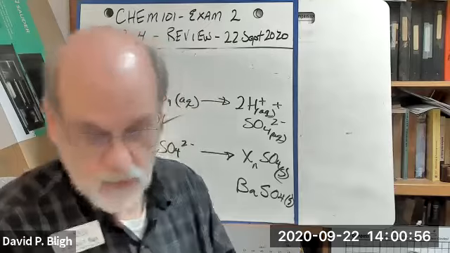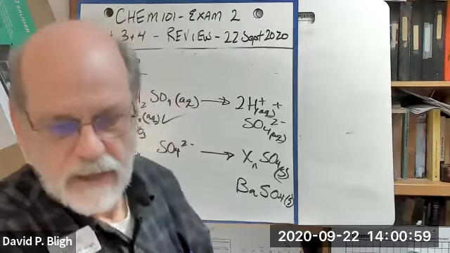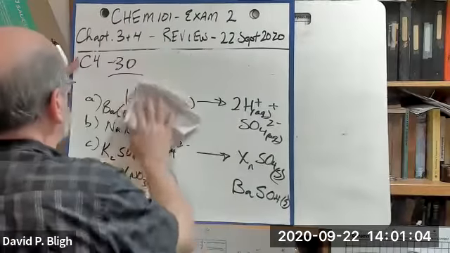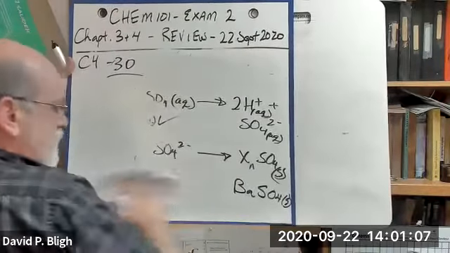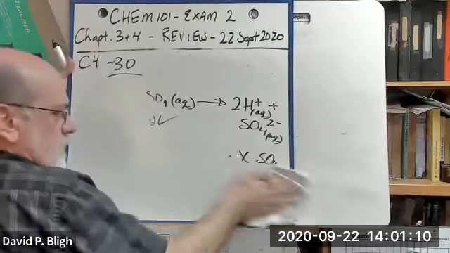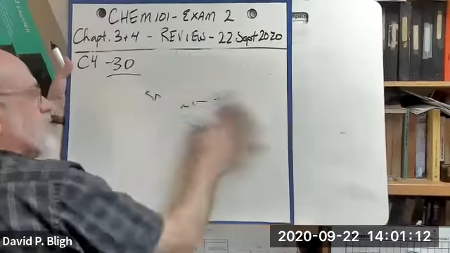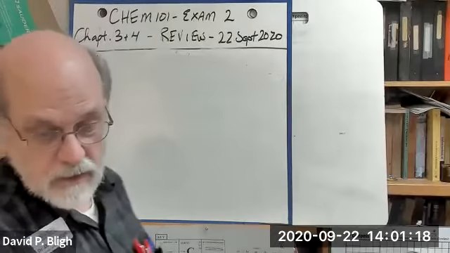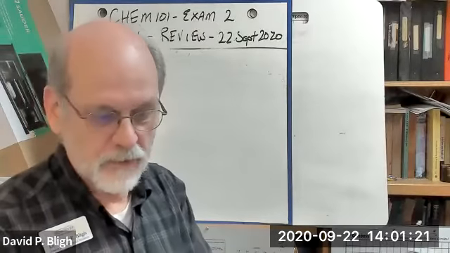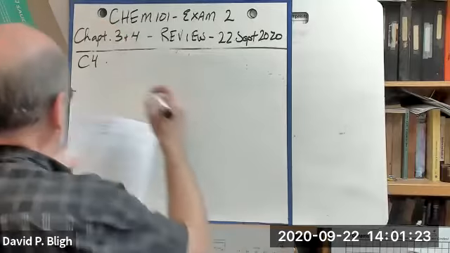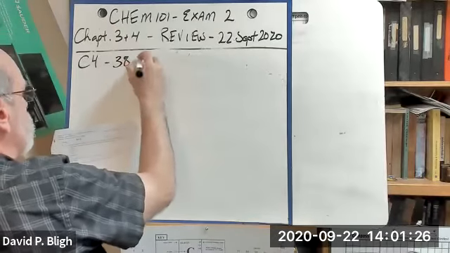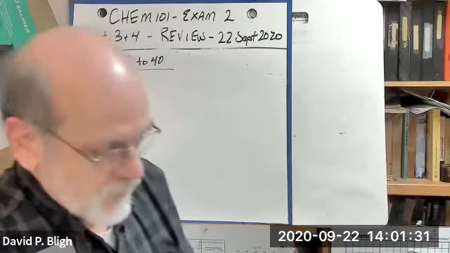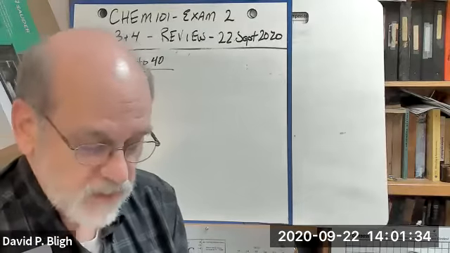Okay, let's do this one. Number 38, 39, and 40. They're all based upon the same reaction chemistry, just different questions. And in order to answer each of those questions, you have to perform the reaction. So the balanced molecular equation contains which of the following terms?